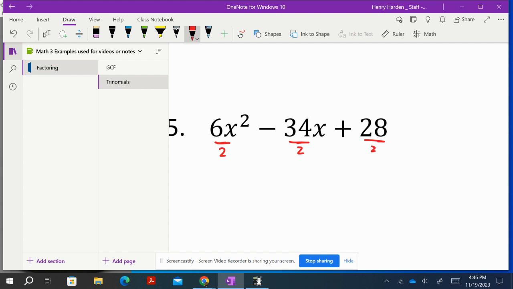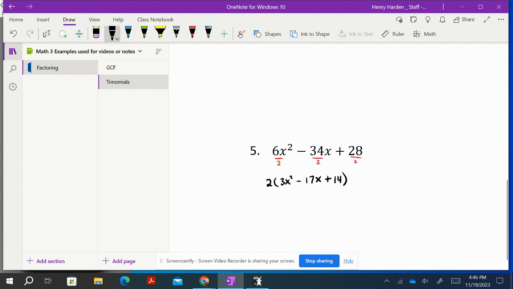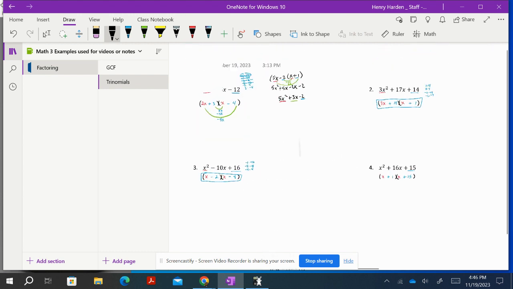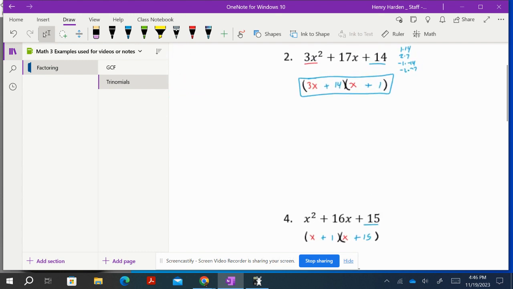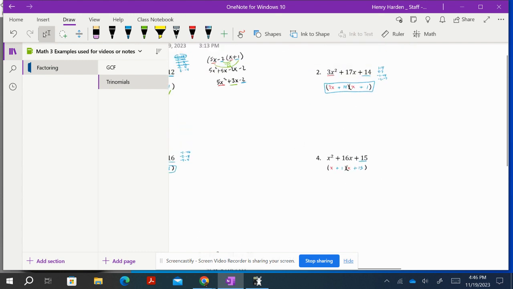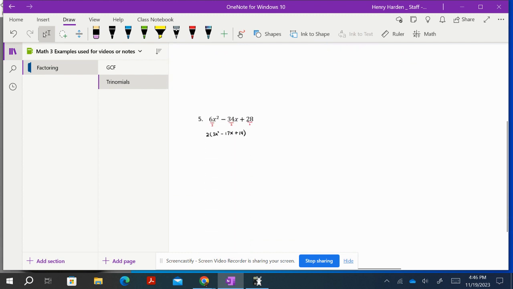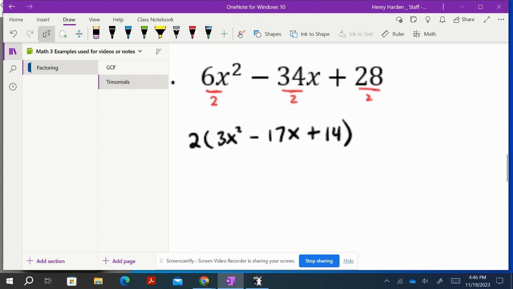So I can divide all three of these by 2, which will make this 3x squared minus 17x plus 14, which, if I look, makes us look similar to number 2, 3x squared plus 17x plus 14. The only difference here is that's a minus.